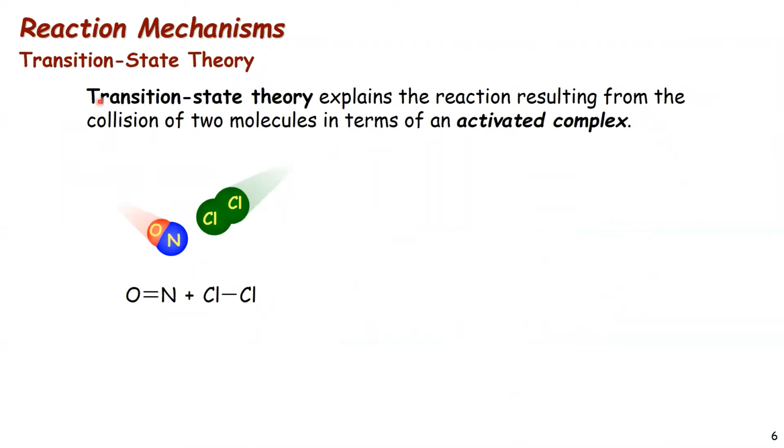Now, the transition state theory talks about a further step, which is called the activated complex. When these two individual molecules come together, they're going to start to form a bond. The nitrogen-chlorine bond is starting to form, and then this chlorine-chlorine bond is starting to break.